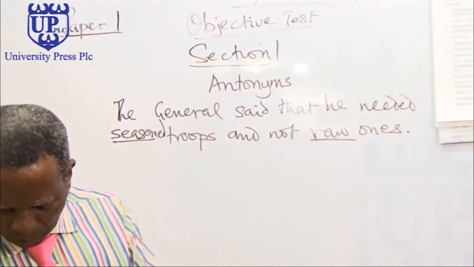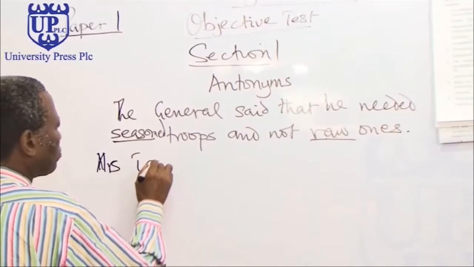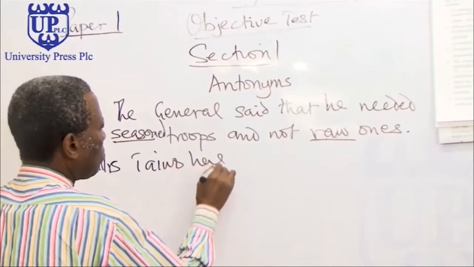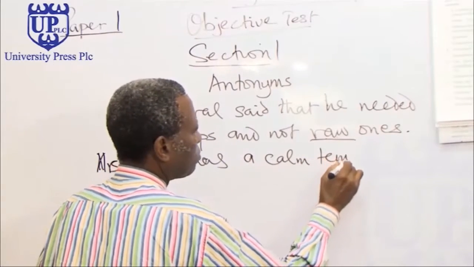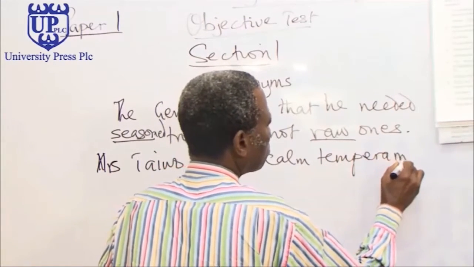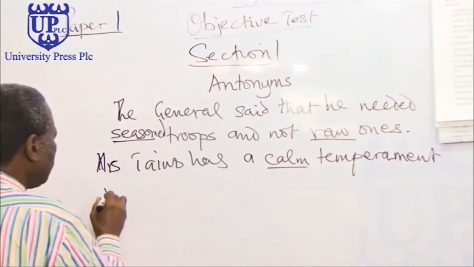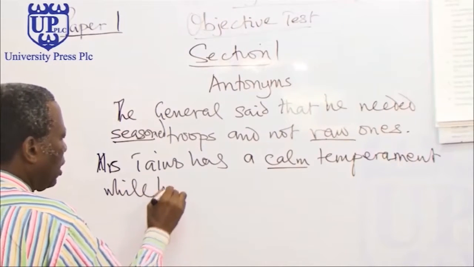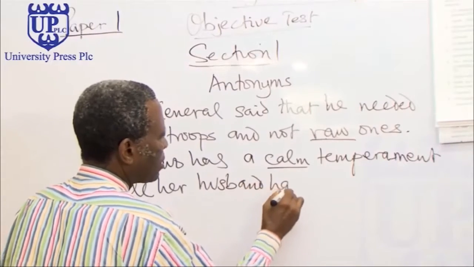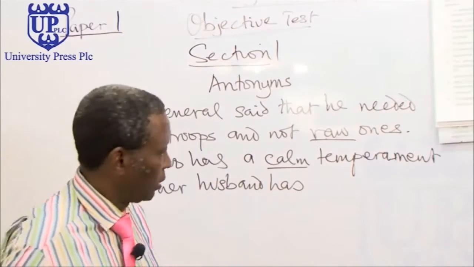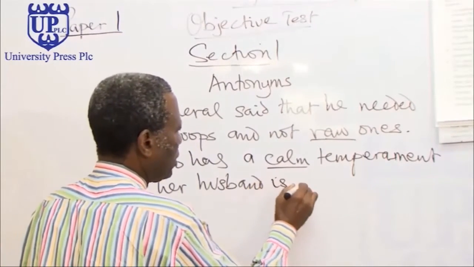I have a sentence here. Mrs. Taiwo has a calm temperament, while her husband is dash.